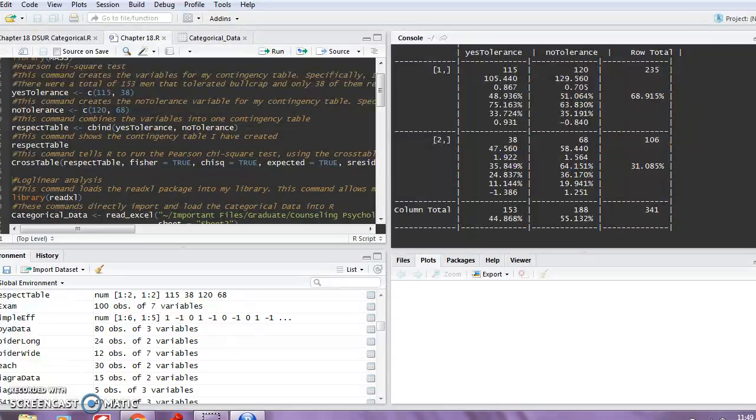So when you want to look at your standardized residuals, you want to compare them to 1.96, and you want to ignore the minus sign or positive sign. You're really looking at the numbers.